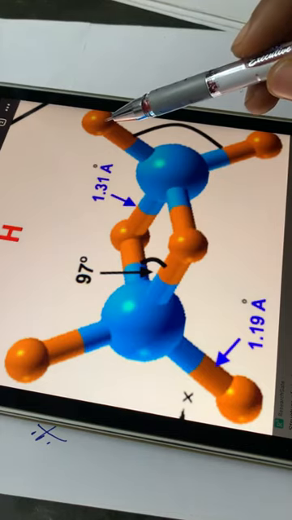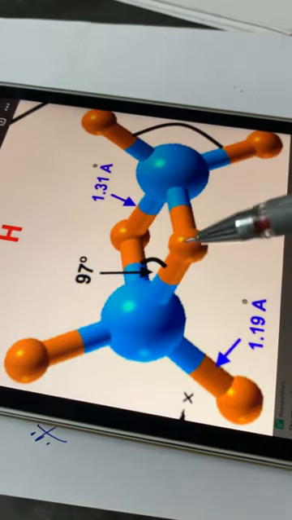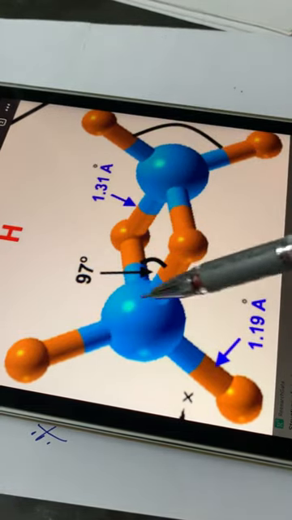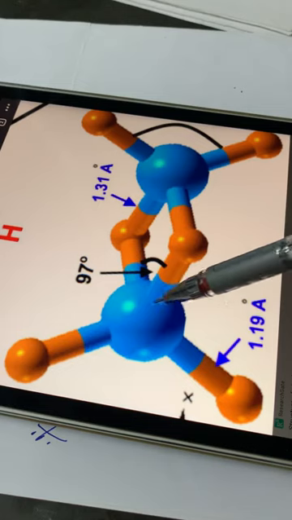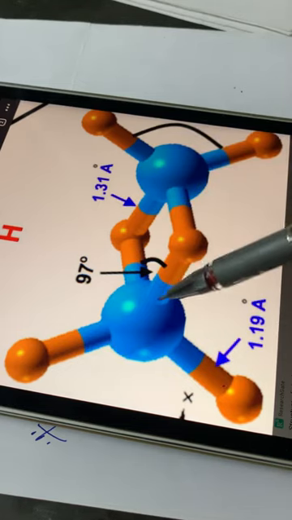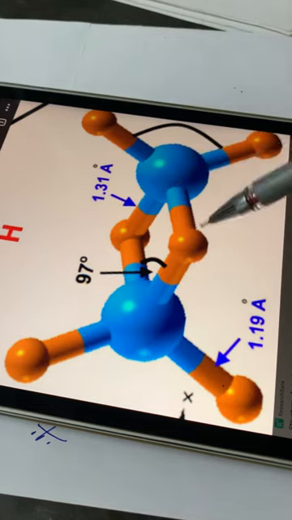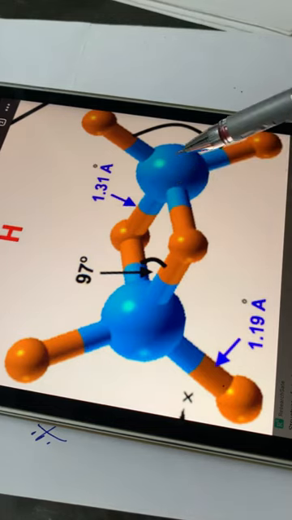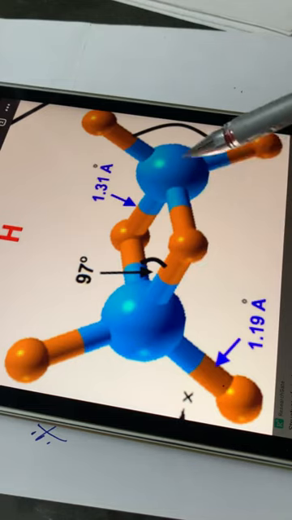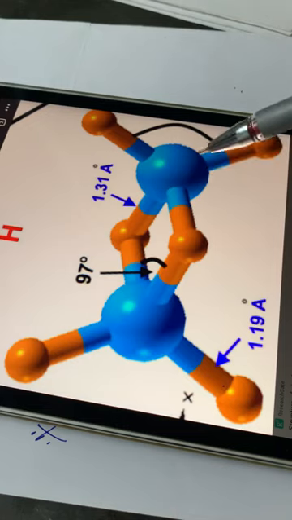And here, see, 1, 2, 3 and 4, the 4 hydrogen atoms are lying perpendicular to the plane of this molecule. That means these 4 hydrogen atoms are in different planes with respect to the other 2 boron and 2 hydrogen atoms. Is the structure clear?